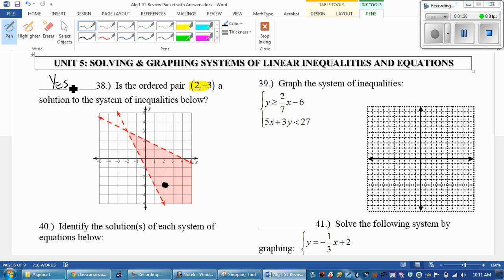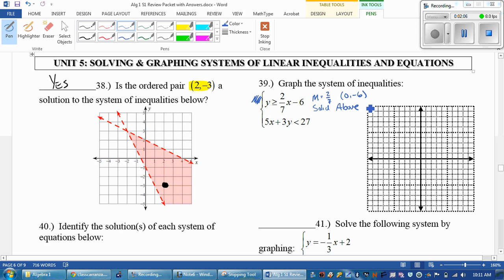It says graph the system of inequalities. So the first one that we're going to do right here is the top one. I know that my slope is 2/7. My y-intercept is (0, -6). Greater than or equal to means that it's going to be solid, and that I need to shade above.